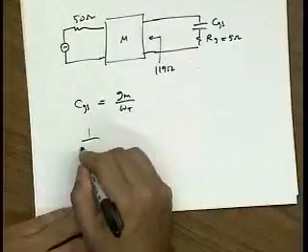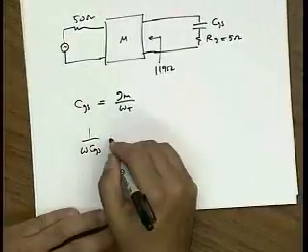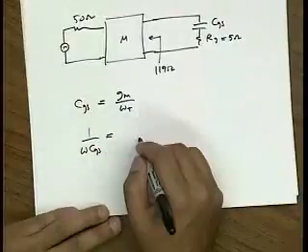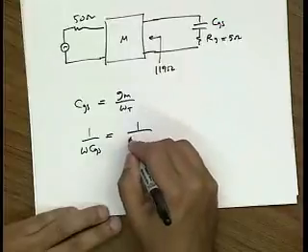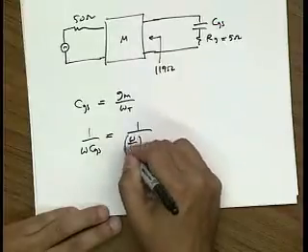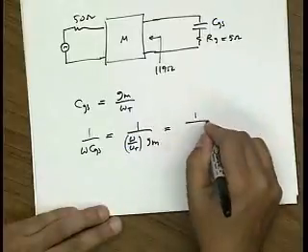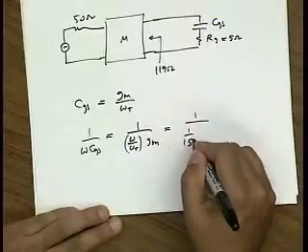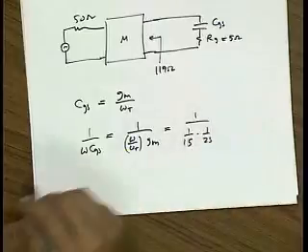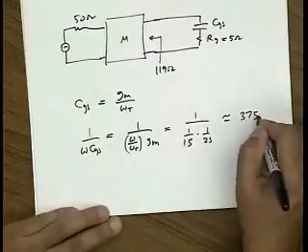So if I take 1 over omega CGS, then that gives me 1 over omega t times GM, which is 1 over 1/15 times 1/25, which is about 375 ohms.